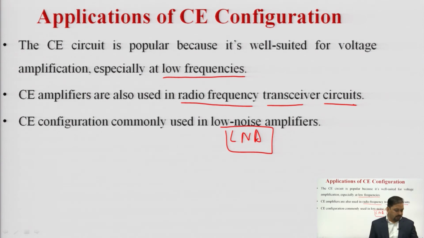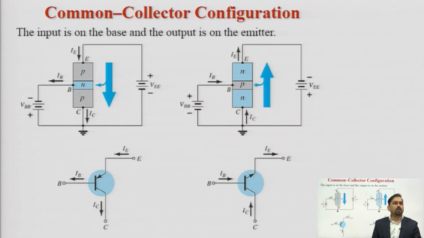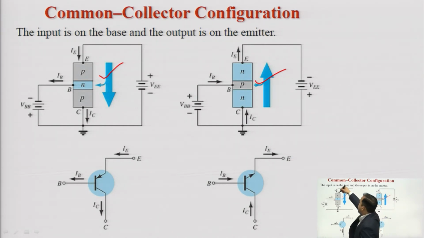Now, after this configuration, we will see the common collector configuration. As the name suggests, common collector means the collector terminal is common to both the input side as well as the output side. So, this configuration is known as the common collector configuration. We have both the PNP and the NPN configurations. These are the symbols and the direction of current.